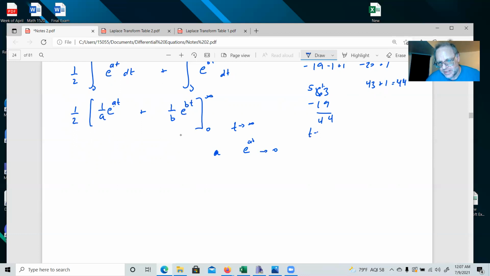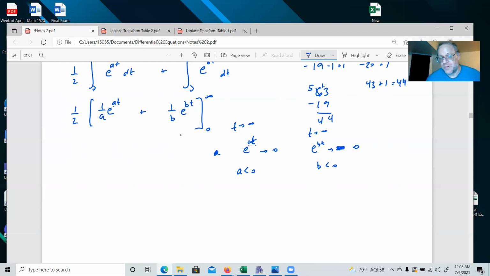As t goes to infinity, e to the bt goes to 0. That's how these integrals exist. I suppose they can go to a different number, but I can't think of how that's going to work if a is constant and t is going to infinity. So the only way this is going to work is a has got to be less than 0, and b has got to be less than 0.